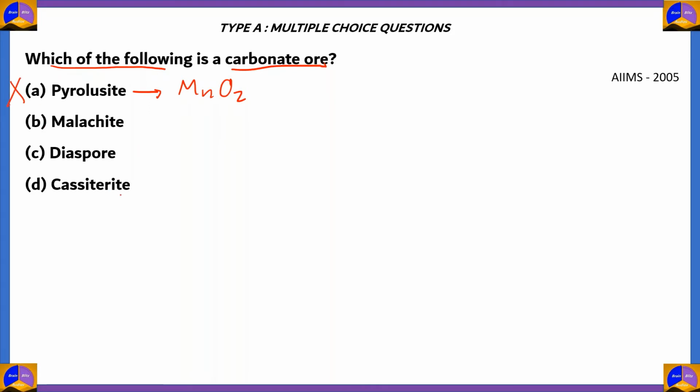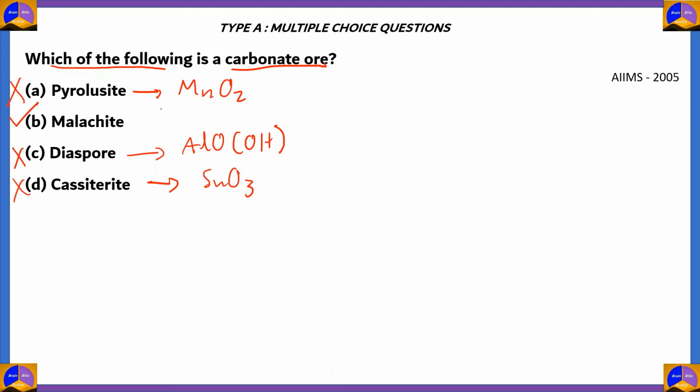What about option D, cassiterite? So cassiterite is an ore of tin. It is SnO2. Again, it's an oxide ore, so option D is incorrect. So what about option C, diaspore? Diaspore, the formula is AlO(OH), so it's a hydroxide ore, so option C is incorrect.